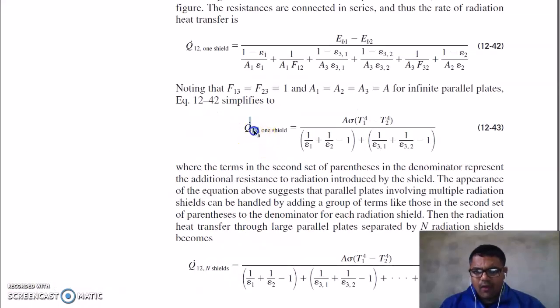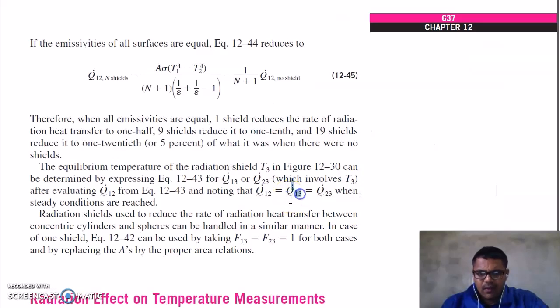You can evaluate Q12 from this equation. If T1 and T2 are given and emissivities are given, you can find Q12. If you have Q12, you can equate it with this equation for Q13, and this Q13 involves T3, so by equating these two equations, you can find T3.